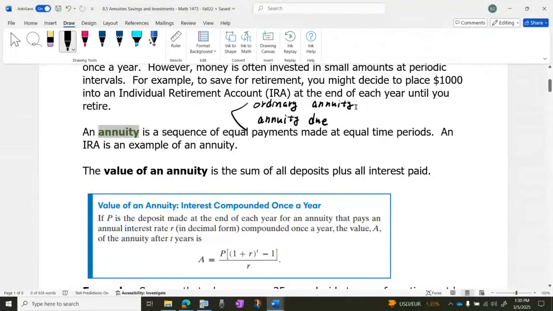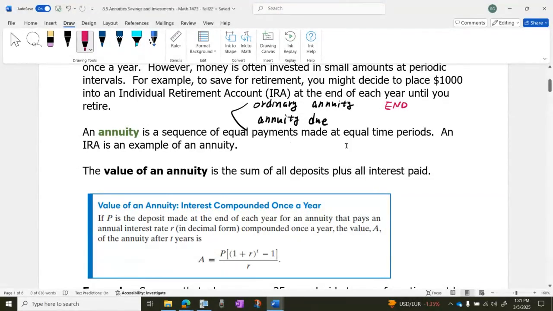In an ordinary annuity account, the investor deposits the same amount of money at the end of each equal time period. For example, deposit $100 at the end of each month, right? Or $2,000 at the end of each year. So for ordinary annuity, the keyword here is end, E-N-D.